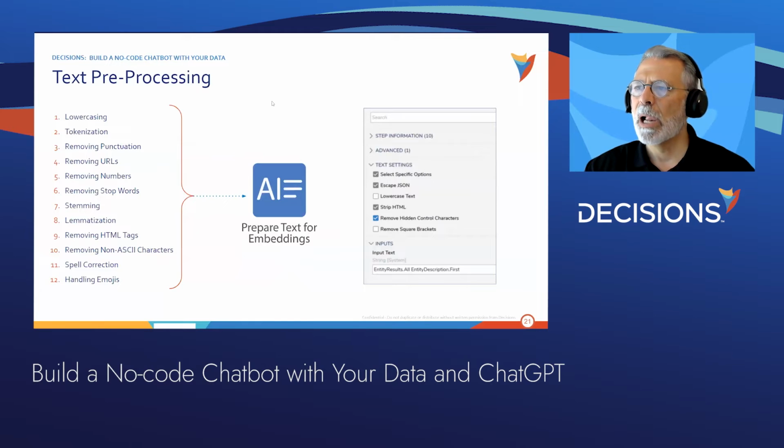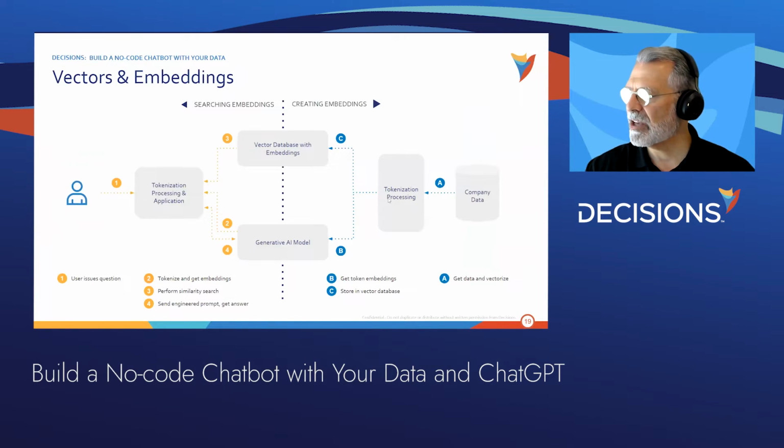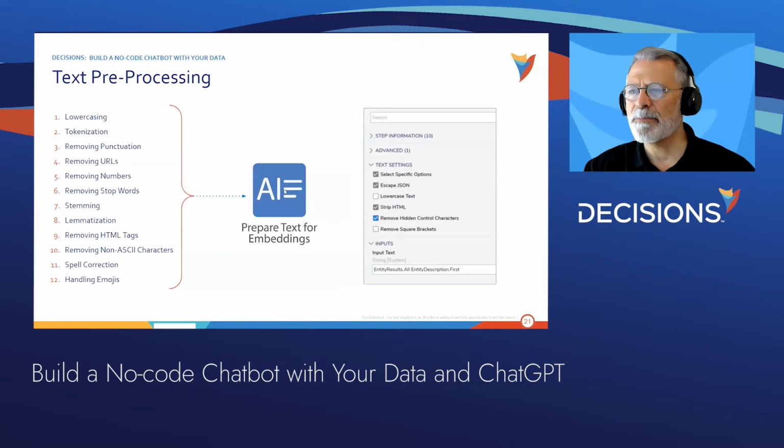And then finally, jumping back here, this tokenization process, taking the data and vectorizing it, there's some best practices around doing that. So it's putting everything in lowercase, removing punctuation, removing URLs and numbers, and stop words like the, is, and. There's certain words that really don't add much to this vector.